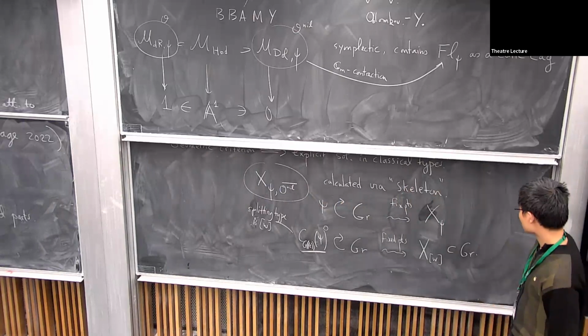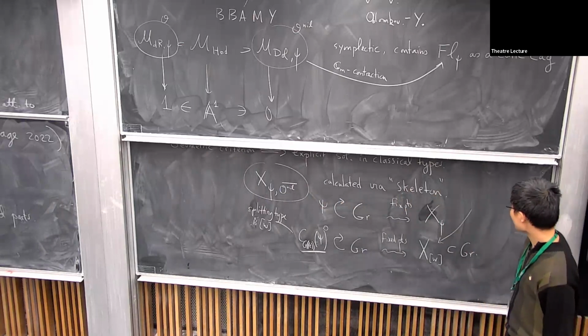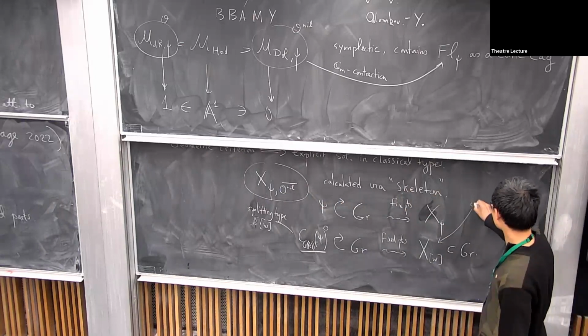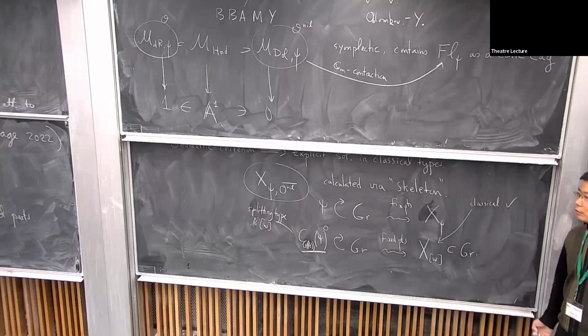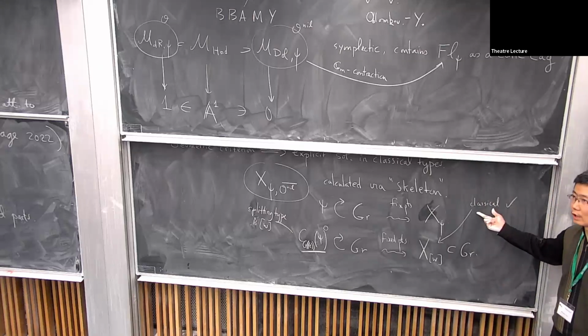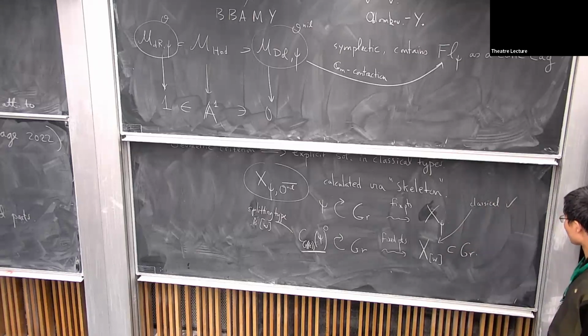The question is, what do they look like? So I was able to make explicit calculations in classical types. In half of the cases, namely types A and C, they're just points. In the other half, namely orthogonal groups, they can be positive dimensional, but very explicit.